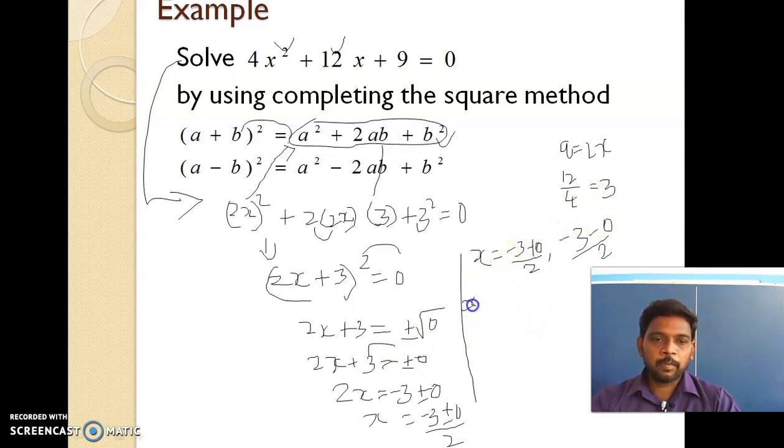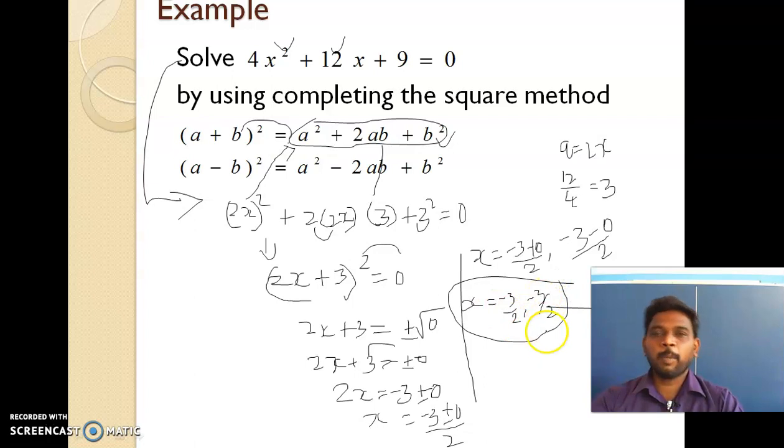So when we simplify this, we will get minus 3 by 2 comma, and here also minus 3 by 2. So the roots of this quadratic equation is nothing but minus 3 by 2 comma minus 3 by 2, that is they are equal roots, right?